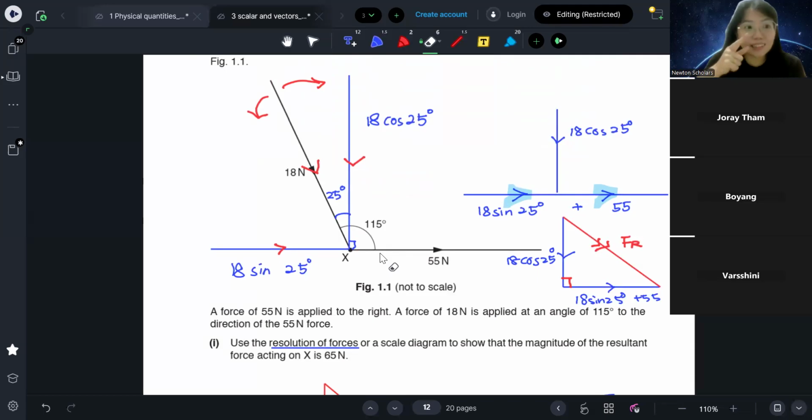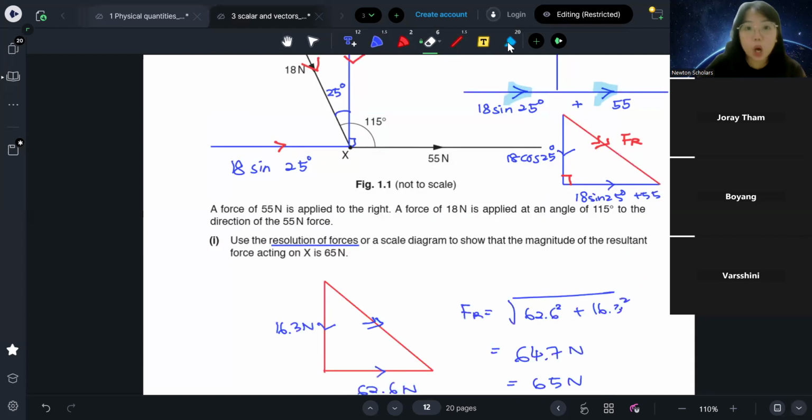But don't forget the question is asking you resolution of forces. They want you to split, or you use scale diagram. So you don't use the cosine. Don't use the cosine, because here it is resolution of forces or using scale diagram. Of course, you may use cosine rule to check your answer, but not for this question, okay?